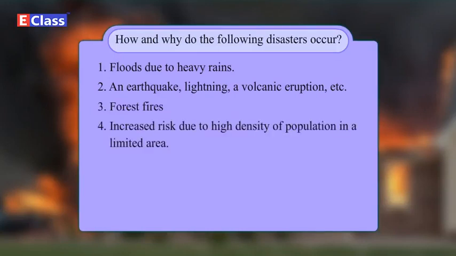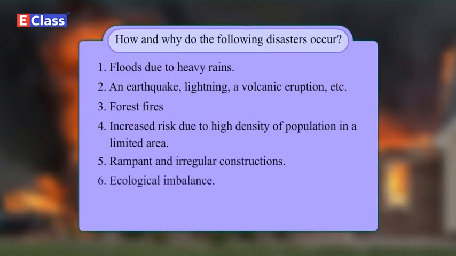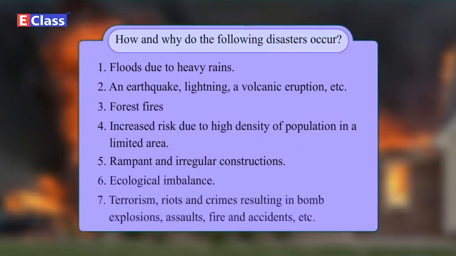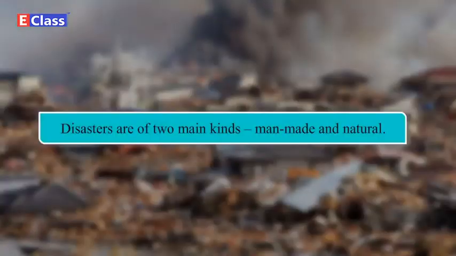Increased risk due to high density of population in a limited area. 5. Rampant and irregular constructions. 6. Ecological imbalance. 7. Terrorism, riots and crimes resulting in bomb explosions, assaults, fire and accidents, etc.